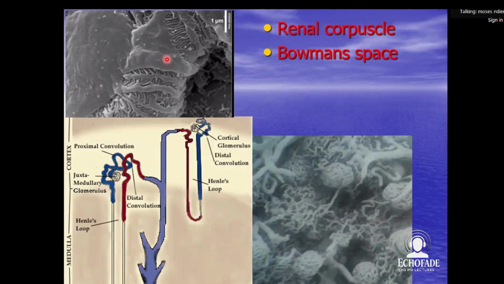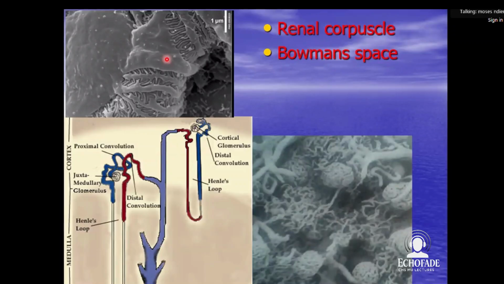Apart from this, during ultrafiltration some of the substances might not be able to pass through and accumulate within the mesangial matrix. Some of the antibody-antigen complexes, for example, might not be able to pass through. The mesangial cells phagocytize this material, so they help in cleaning the ultrafiltration bed.